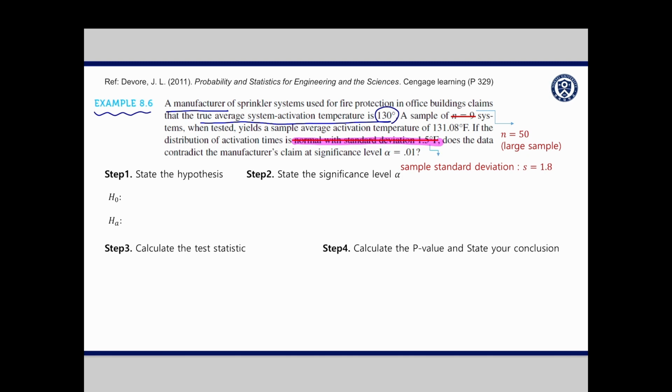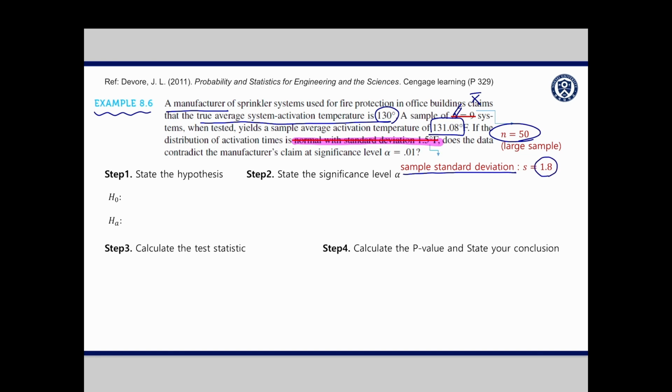However, we increase the sample size to 50, and we find that the sample mean is 131.08 and the sample standard deviation is 1.8.